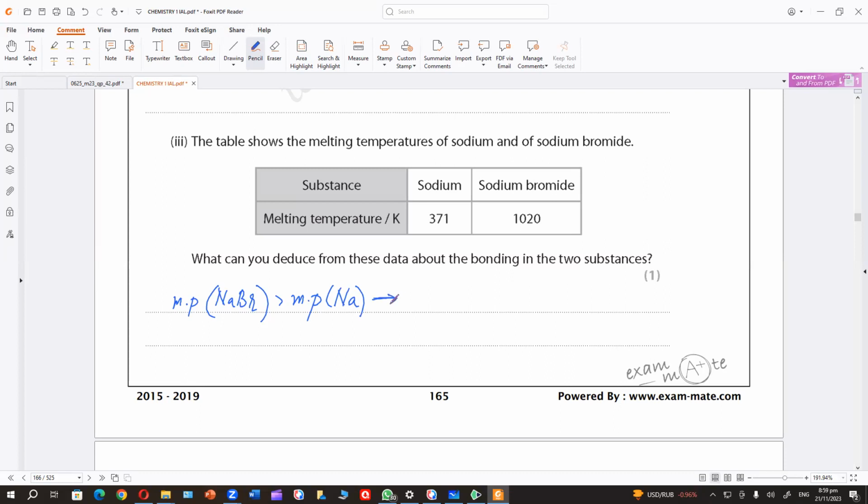Then what it means is that ionic bonding is stronger than metallic bonding.